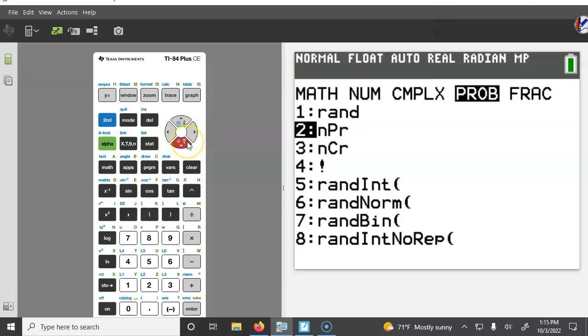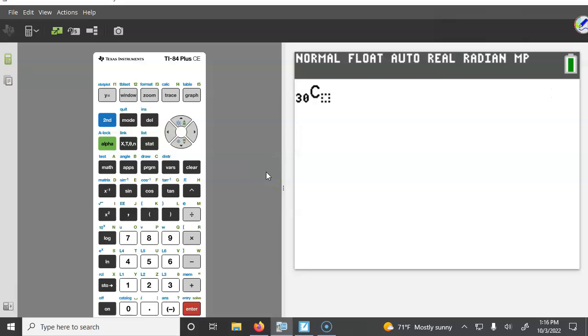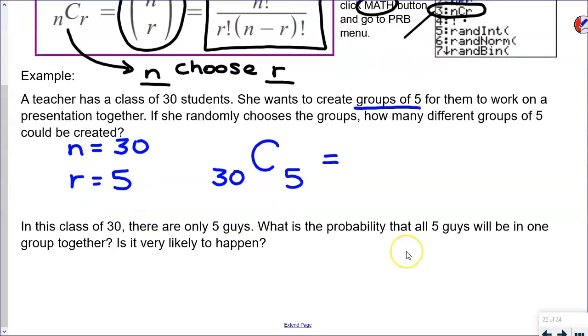We choose the third one, which is nCr, and press enter. My calculator puts the numbers as subscripts. Yours may not look like that, but it should still get you the same answer. I've already got the 30 in there. Now I'm going to put in the 5, because that's the size of the groups we're choosing. And that's going to give me my answer.